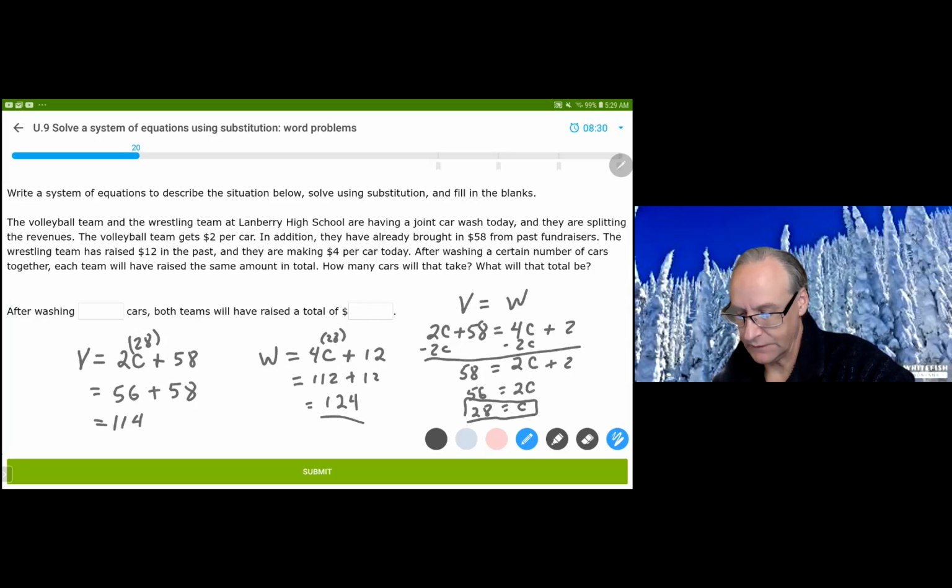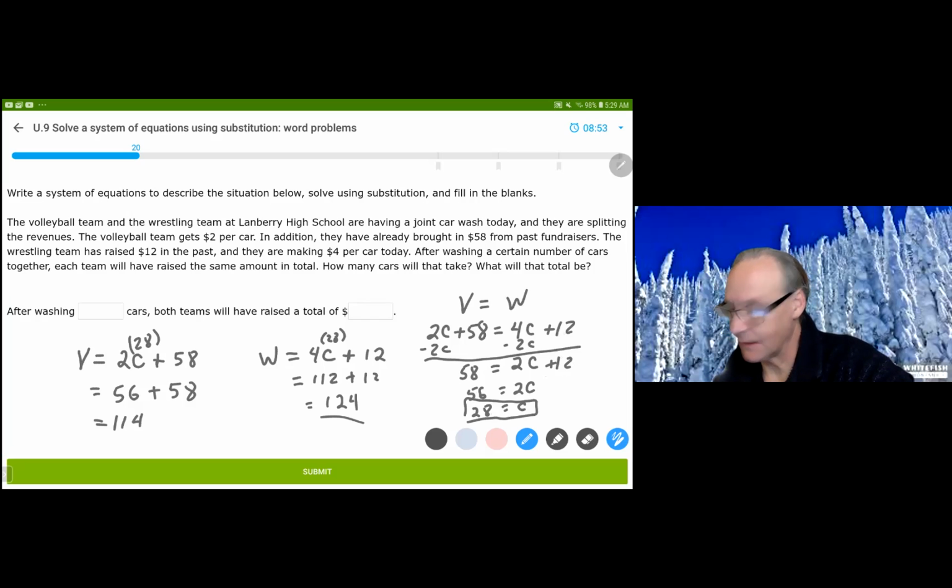28, half of 56 is 28. Sorry, guys, I couldn't figure out where my mistake was. This should have been a 12, shouldn't it?